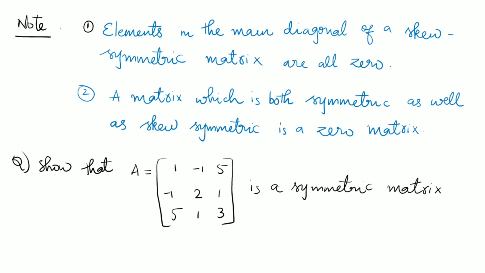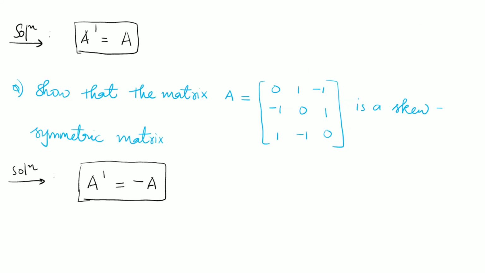So similarly, you have to find answer for this question. First find A transpose, then write minus A, write minus sign and write this A matrix as it is and check whether A transpose and minus A is equal. You have to do it by yourself.